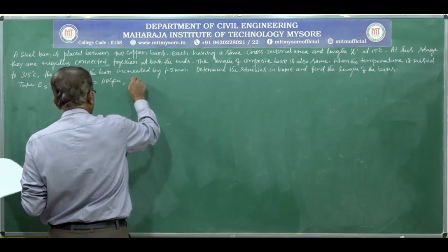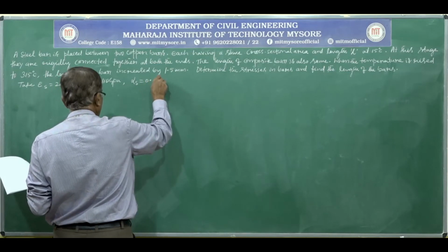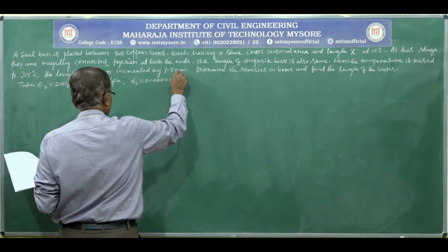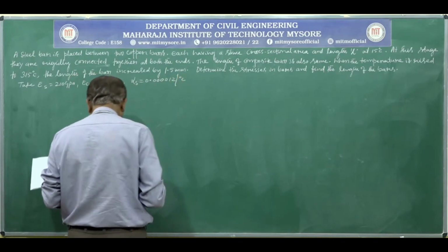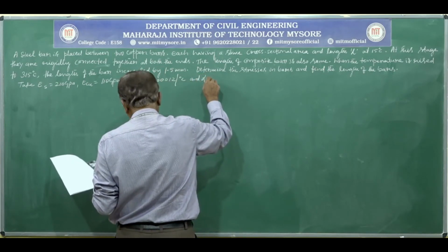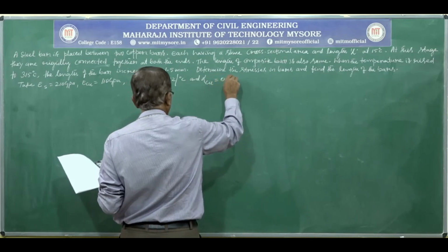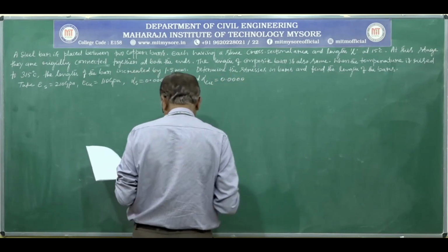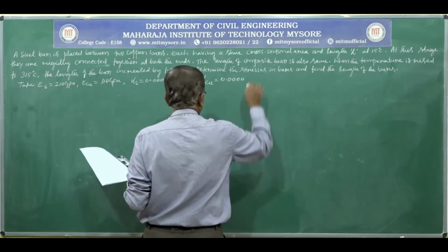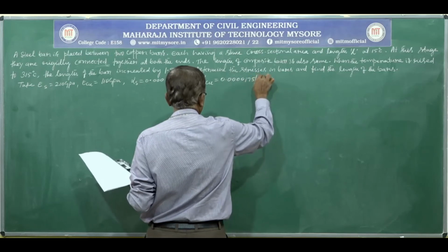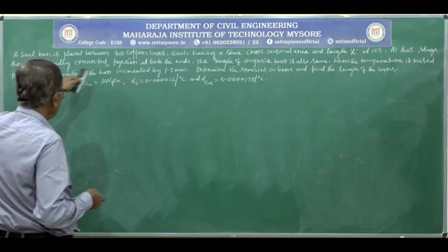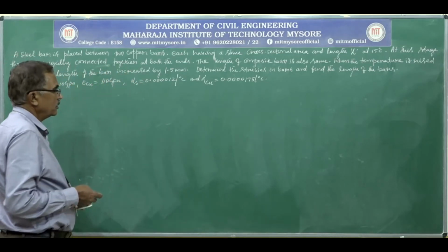Thermal expansion alpha S is equal to 12 per degree C, and coefficient of thermal expansion of copper is equal to 17.5 per degree C. A steel bar is placed between two copper bars.